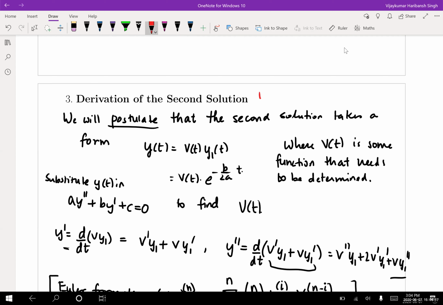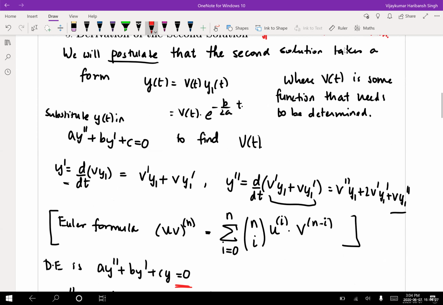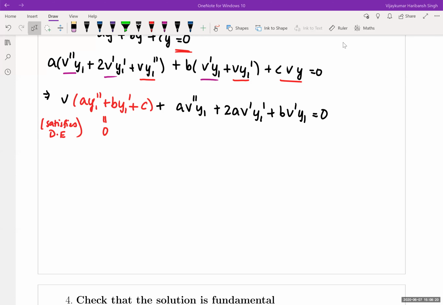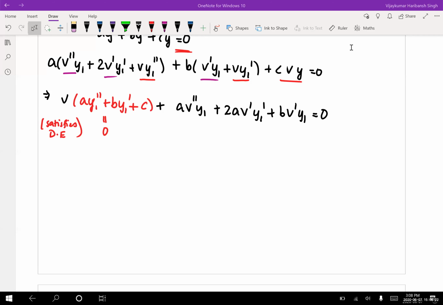So y1 is one of the solutions. So this is 0.